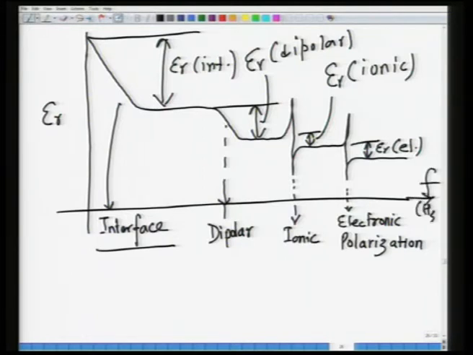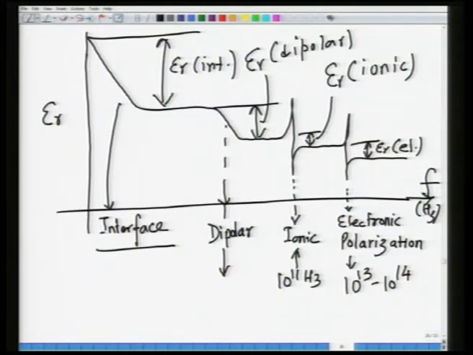F in hertz. So, this is going to happen at about 10 to the power 13 hertz. This will happen roughly at about 10 to the power 11 hertz. This will happen at approximately any frequency below 10 to the power 9 hertz.